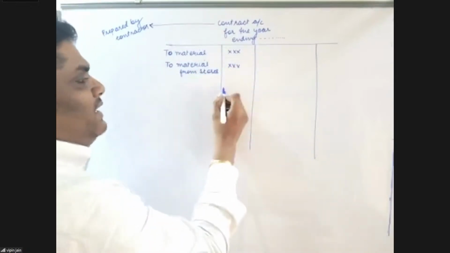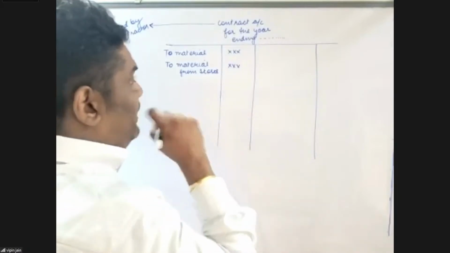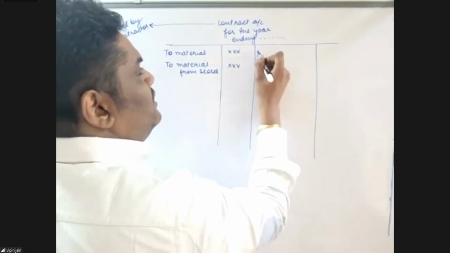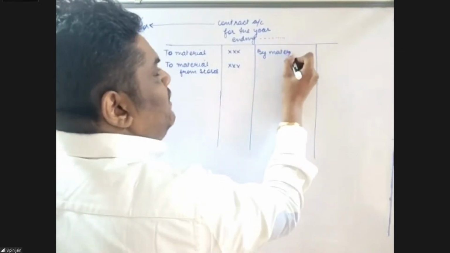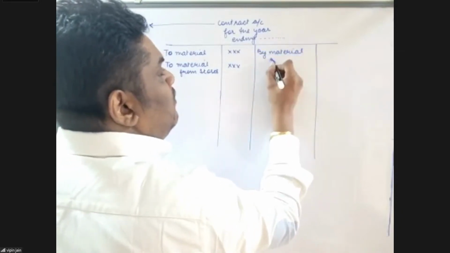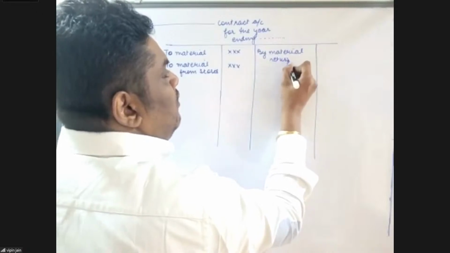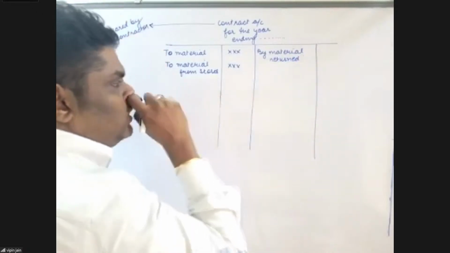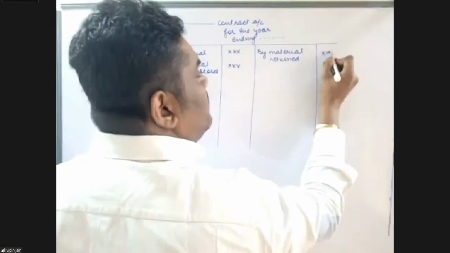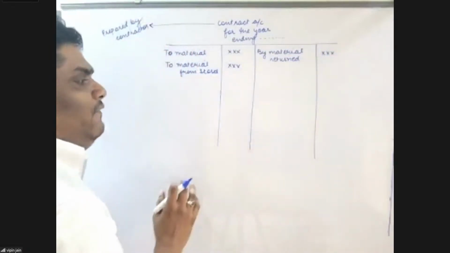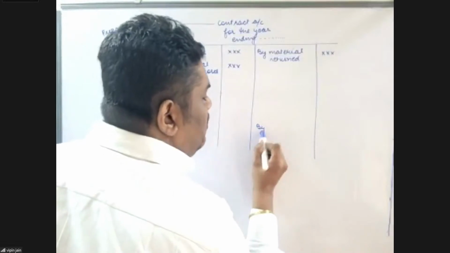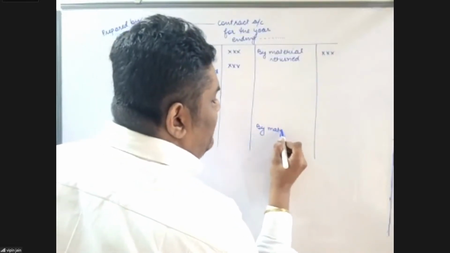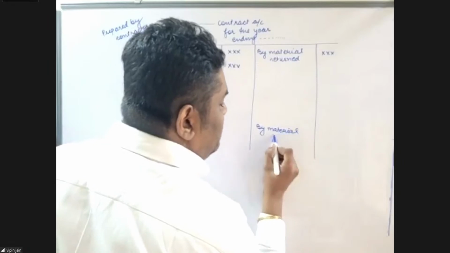If any material is returned back to stores or returned to the supplier, then by material returned to either stores or supplier. If any material is lying at site at the year end, by material at site.